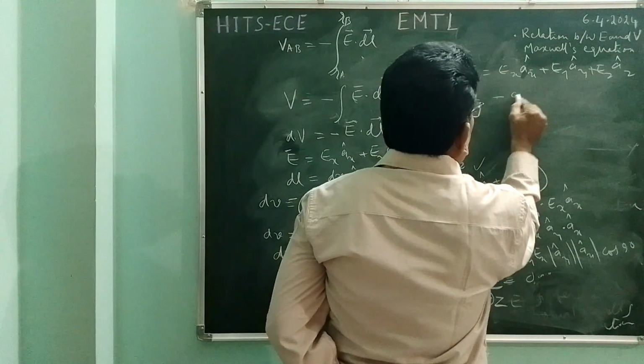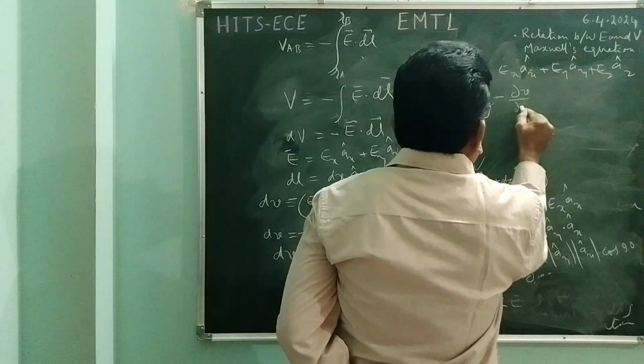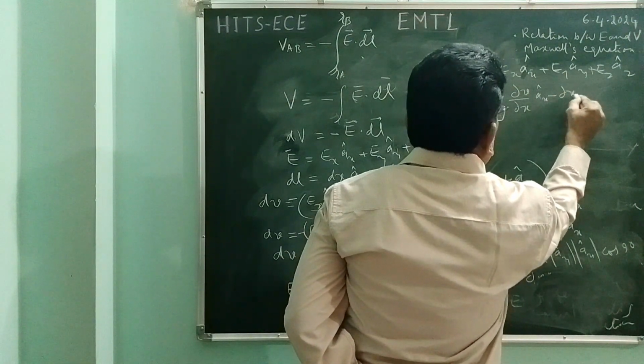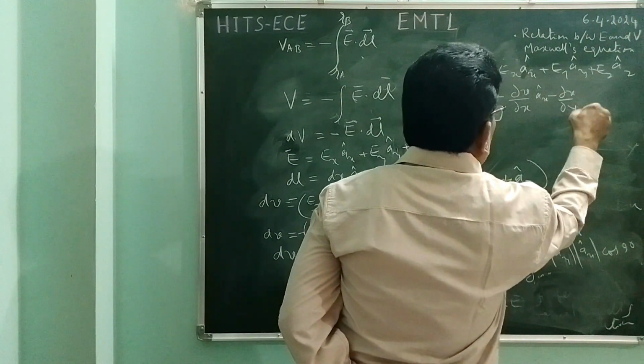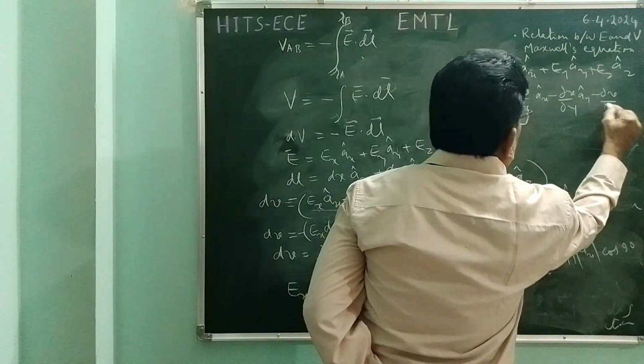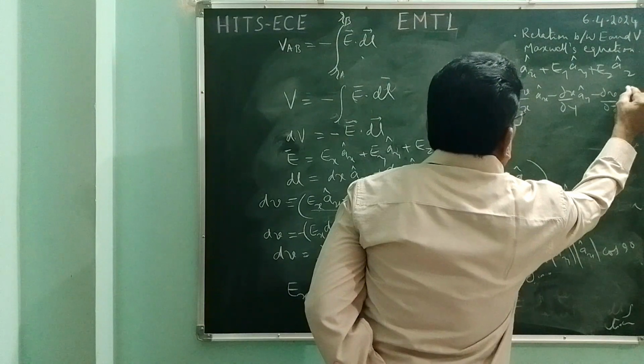So minus del V by del x into Ax cap minus del V by del y into Ay cap minus del V by del z into Az cap.